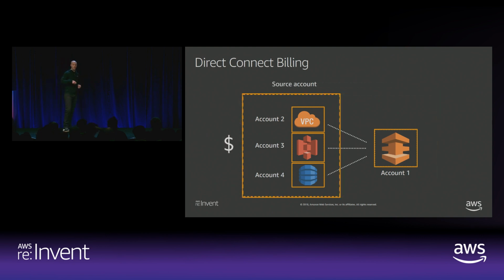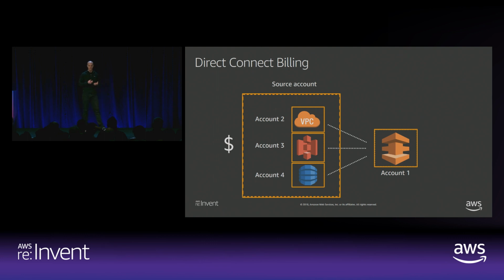If you're requesting data from an account that is not within the same organization, you will be responsible for the port hour cost for the interface, but no data transfer cost. The source account will instead pay for internet egress charges.